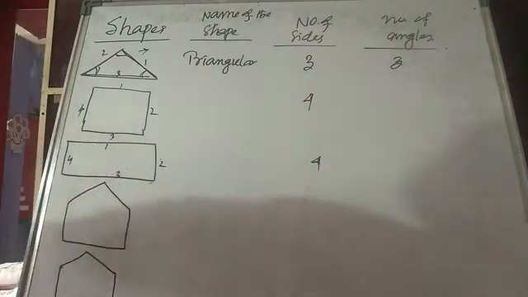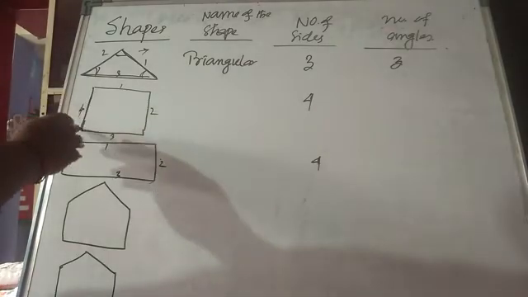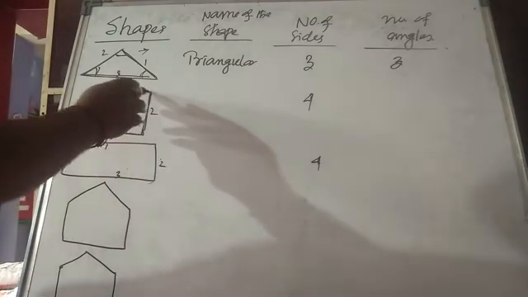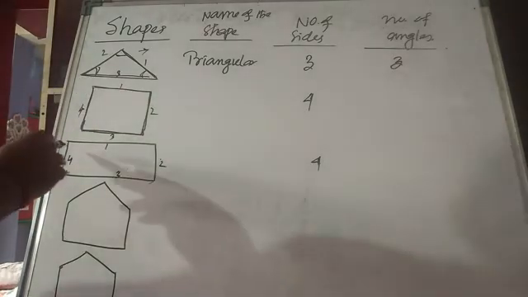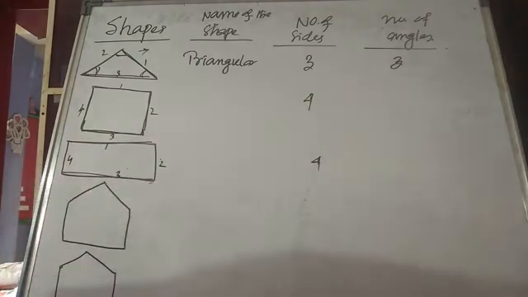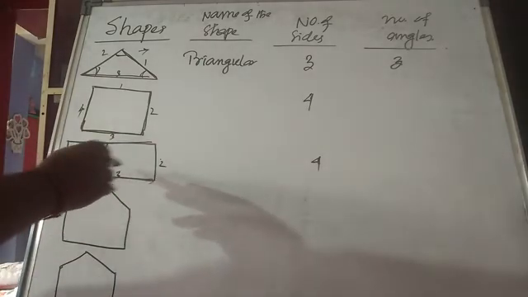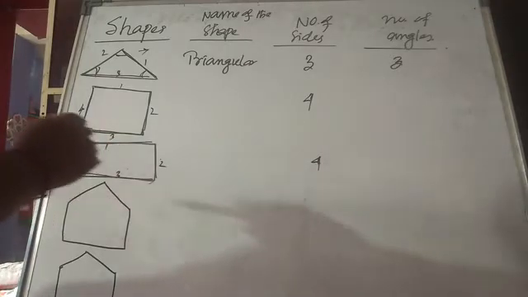Now what is the difference between these shapes? Here all 4 sides look of the same length, but here the opposite sides look of the same length. This one and this one, 2 and 4, look the same; 1 and 3 look the same.